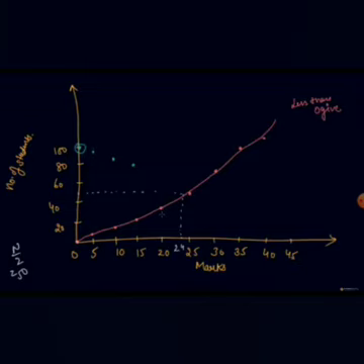More than 20 were 70 students, somewhere here. More than 25 were 45 students, somewhere here. More than 30, there were 23 students, somewhere here. More than 35, there were 5 students. More than 40, there were 0 students. So we have found the more than ogive.